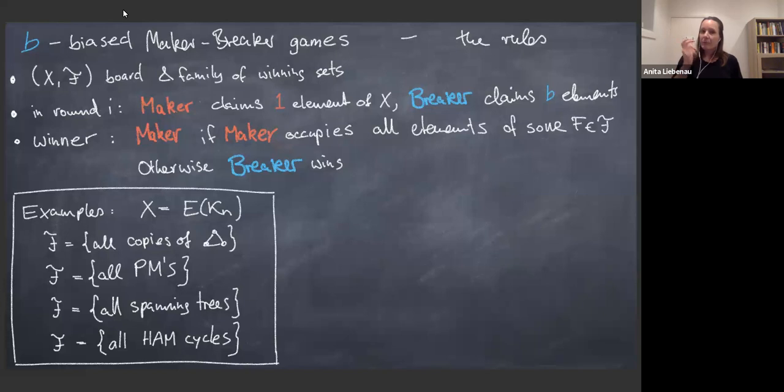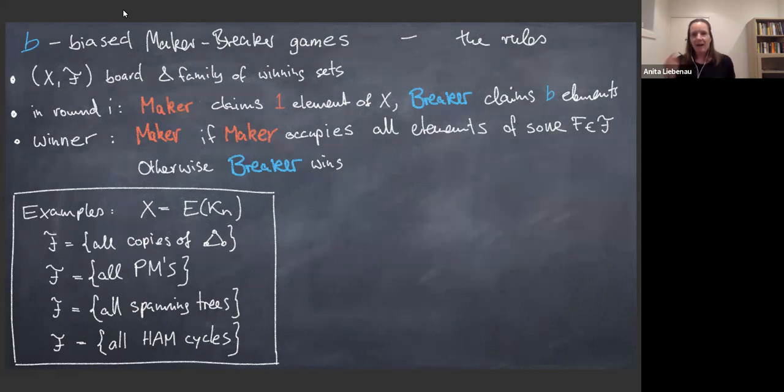From now on, what I should say is that this is a perfect information game. So in theory, you know what your opponent will do if you make this or that move. So one player always has a winning strategy for a given n and b. So from now on, when I say maker wins the game, I mean that maker has a winning strategy, and the same for breaker.